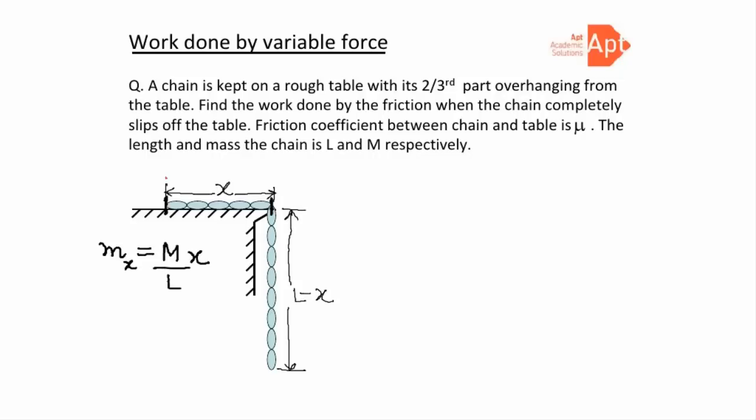Now the friction force acting on this will be mu times the normal reaction. Let's call this normal reaction Nx because it is of the x part of the chain.